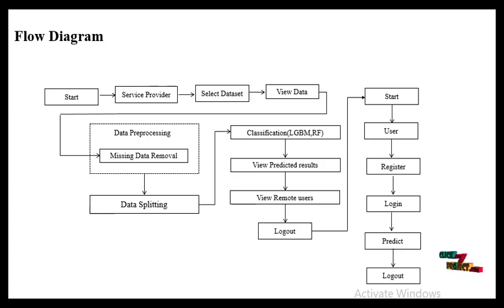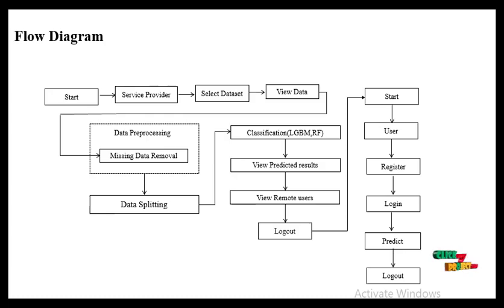Data splitting is nothing but splitting the data set into train and test in the ratio of 80:20 or 70:30 or 60:40. So the split data will be classified using the LGBM or random forest algorithm. Here the random forest algorithm gives more accuracy than LGBM, so we are going to predict using the random forest algorithm.